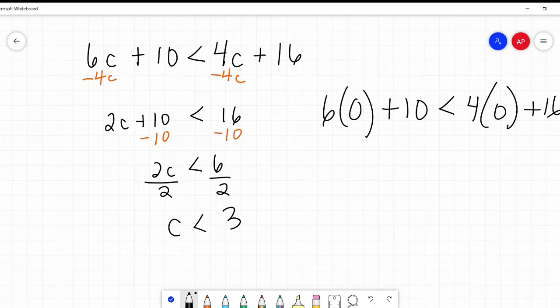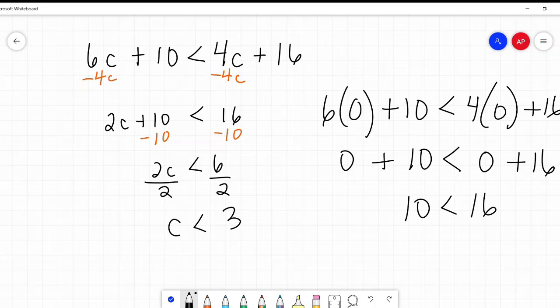So 0, 6 times 0 is 0. 0 plus 10 is less than 0 plus 16. 10 is less than 16. Hey, it's true. So far, so good, right? So why was I worried about this? Because I'm just replacing the equal sign with a less than or a greater than, and nothing changes.